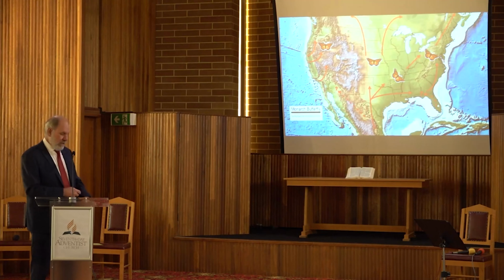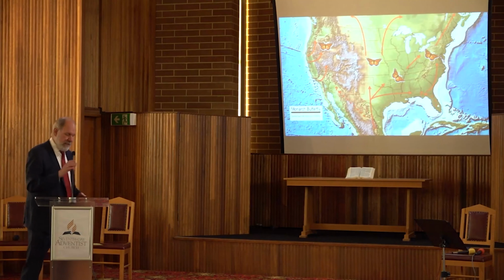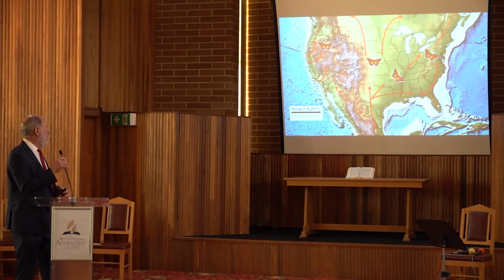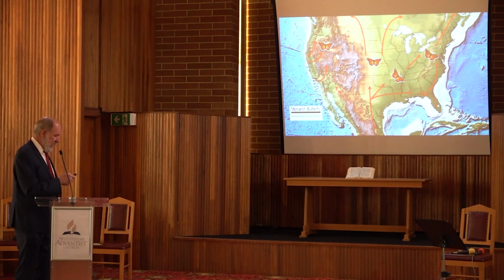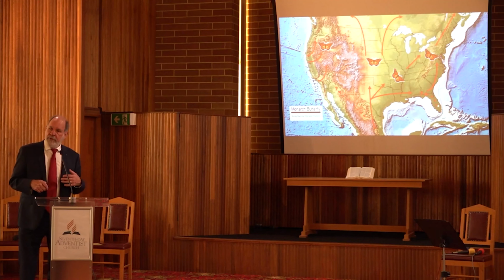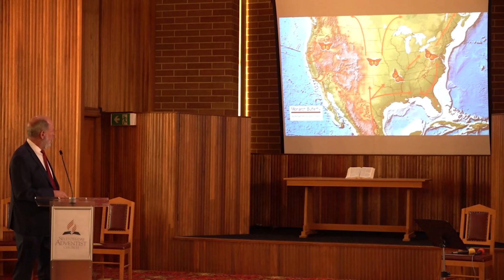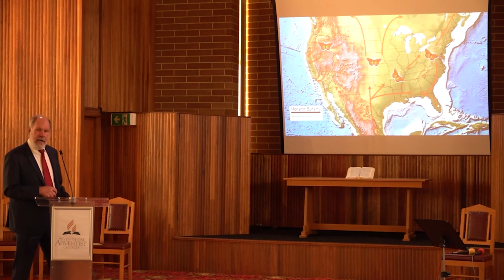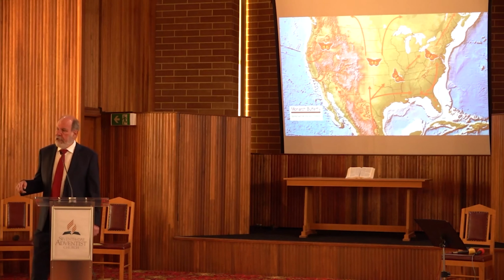What they found when they studied these butterflies was that they actually originate in Mexico. So they originate down here. They leave Mexico, they migrate north on various migration paths, and the butterfly will die.